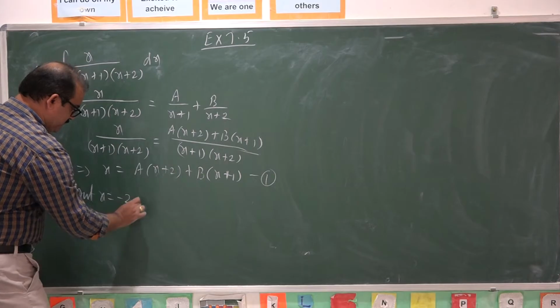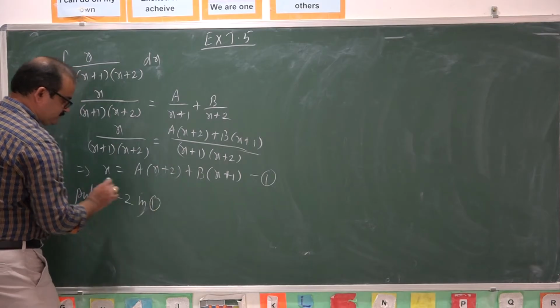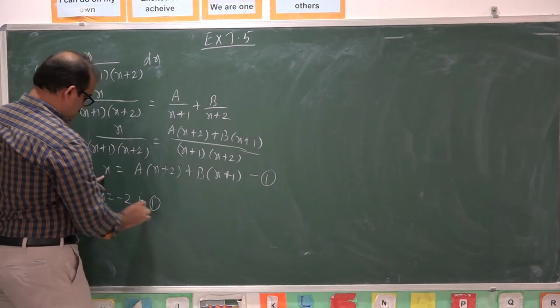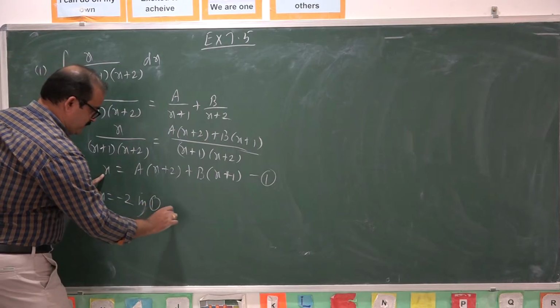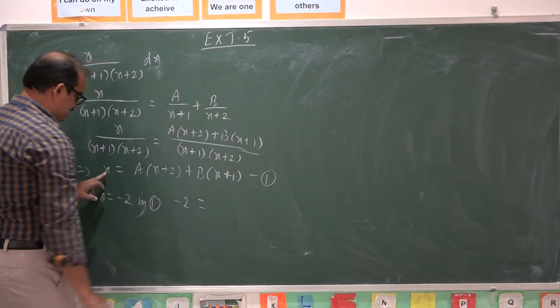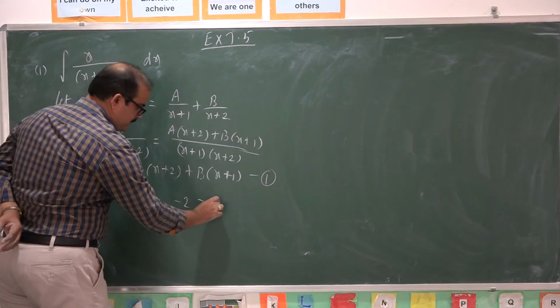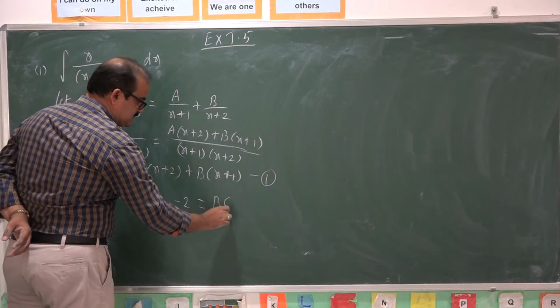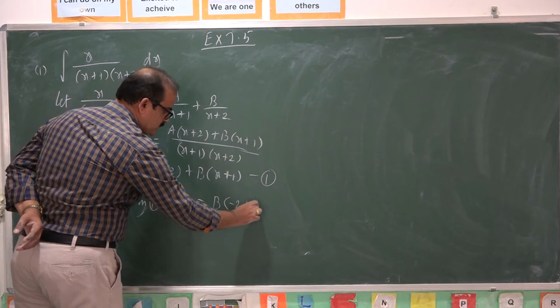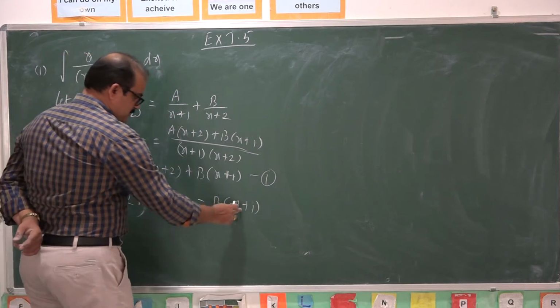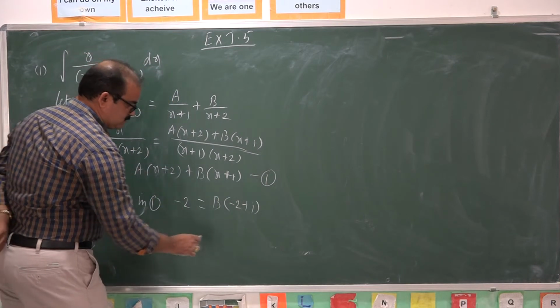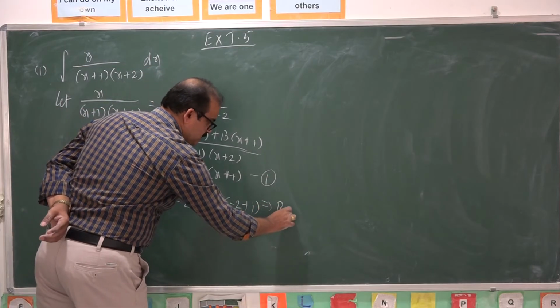Put x is equal to minus 2 in equation 1. In the LHS, we get minus 2 is equal to, this term becomes 0, plus b into (minus 2 plus 1), that is minus 1. So minus b is equal to minus 2. So b is equal to 2.